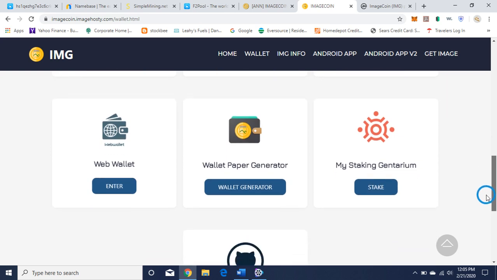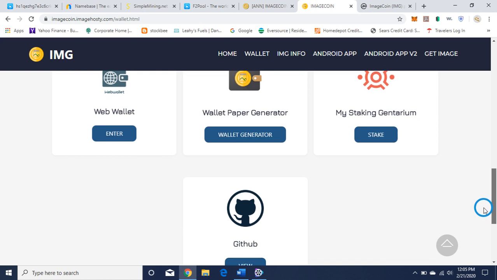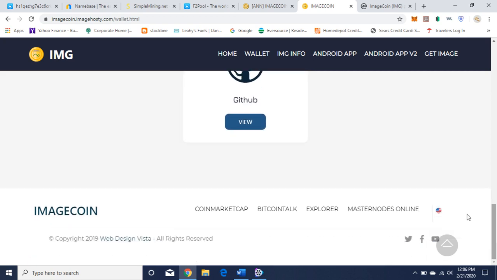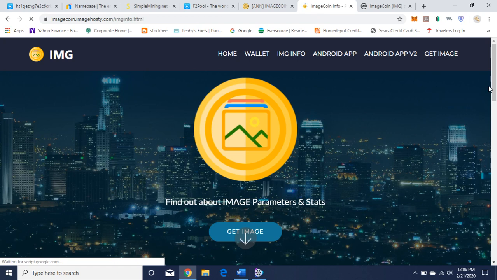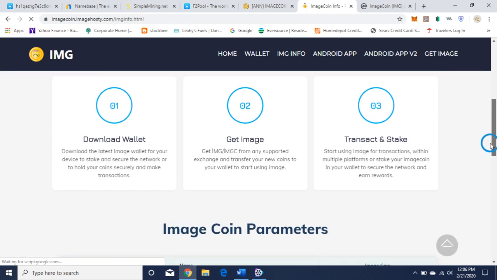Looks like they have a paper wallet and a web wallet. And this is the link to their GitHub. There's some IMG info. Download the latest wallet here.